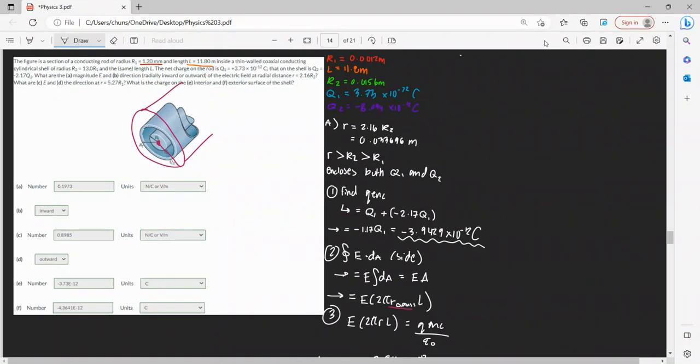So for part C, it's the same thing. We're going to want to find our new radius and figure out where that is in relation to the rest of our charges to figure out how much charge is going to be enclosed. So our R is given by R1, which is equal to 5.27 times 0.0012, and that's 0.006324.